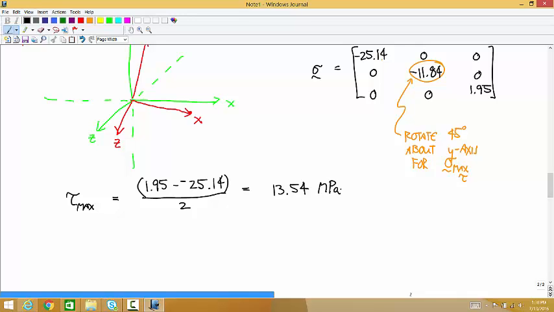And then you check and see if that material can handle a shear stress of 13.54. And if it can, you're feeling good. And if it can't, you want to redesign the system.